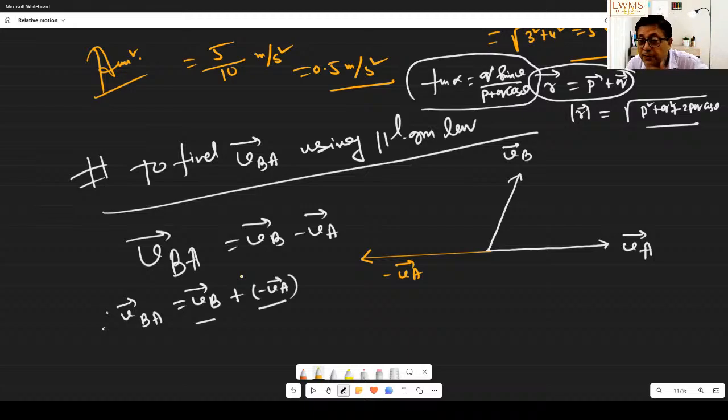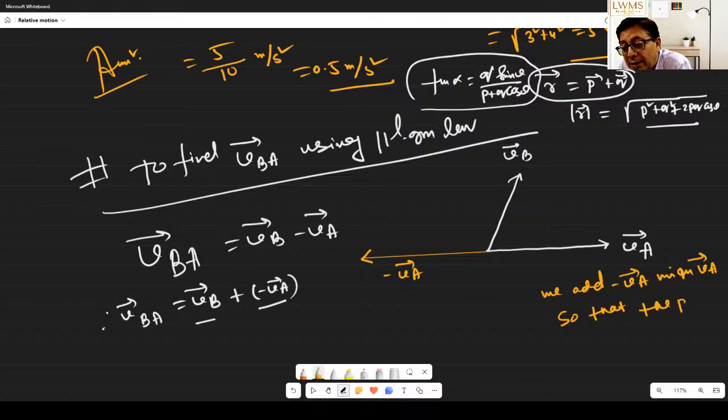Okay? So this procedure, to keep in your mind, I am writing here. We add minus VA with VA so that it seems that particle A is at rest.